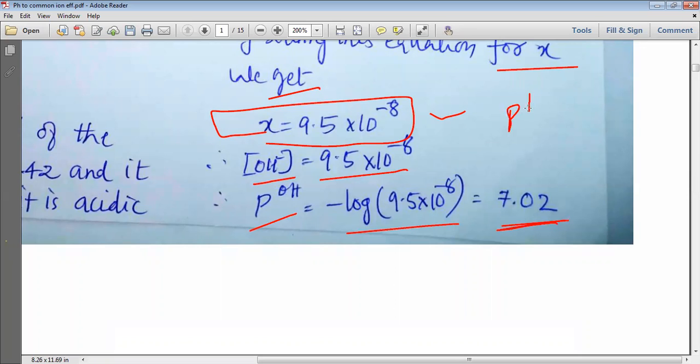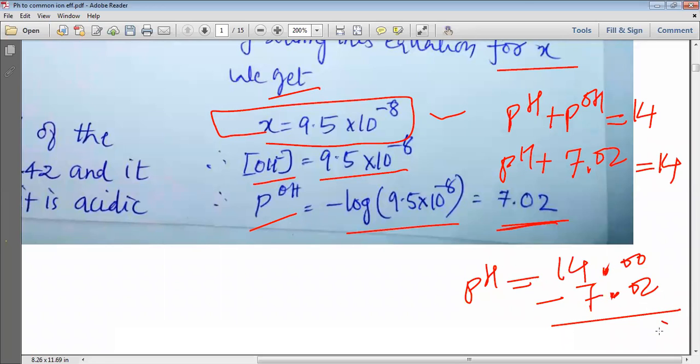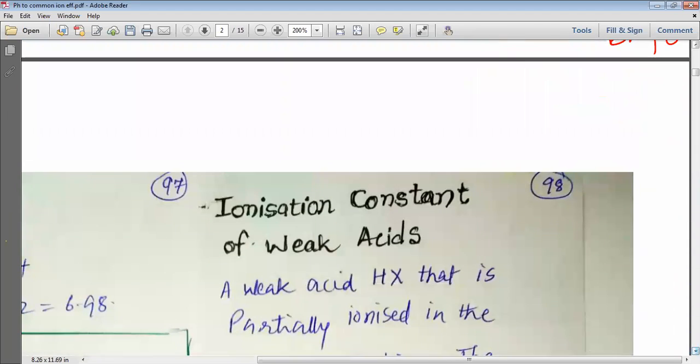We know that pH + pOH is equal to 14, and by putting the value of this pOH, 7.02 + pH is equal to 14, and that is why your pH would be 14 - 7.02, and this is how you do the subtraction, my dear students, and you get 6.98 pH for this solution.